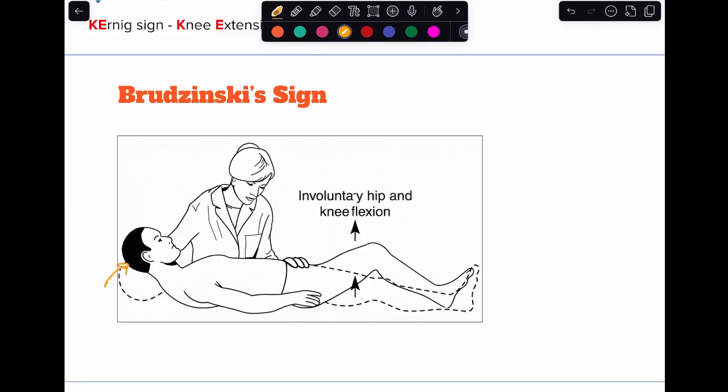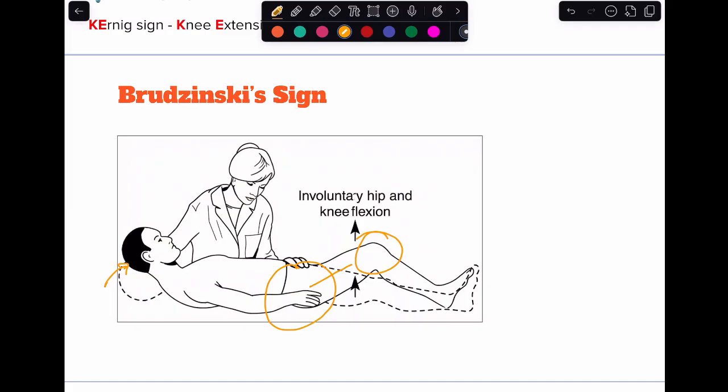To reduce the stretch and the pain, the patient will reflexly end up flexing their hip as well as knee. This will indicate that there is a meningeal irritation. So Brudzinski sign is basically the involuntary hip and knee flexion of the patient when you try to flex the neck.